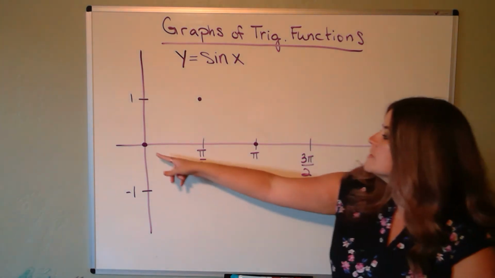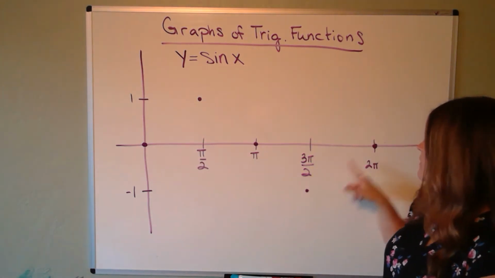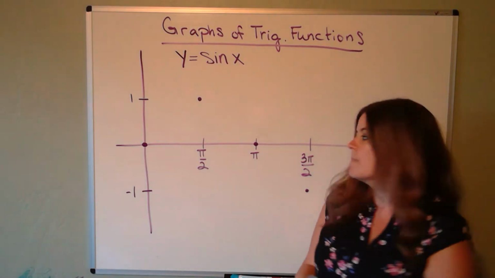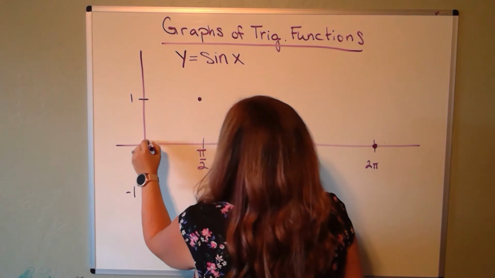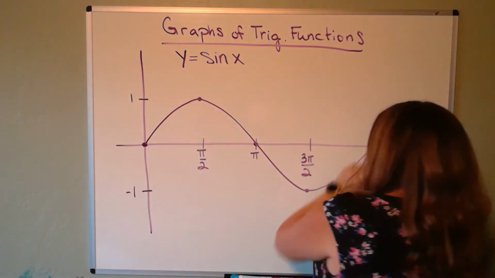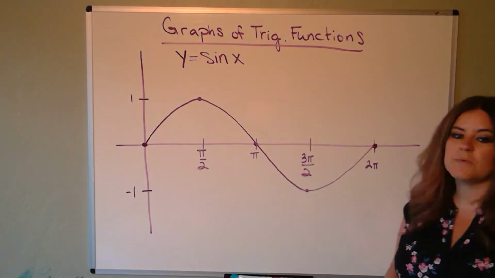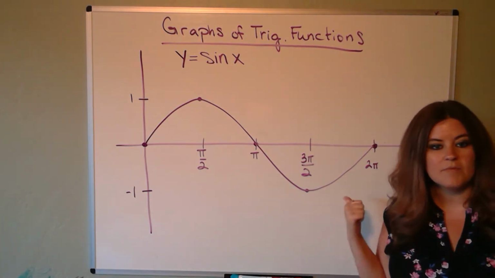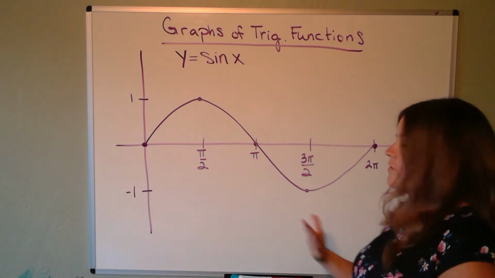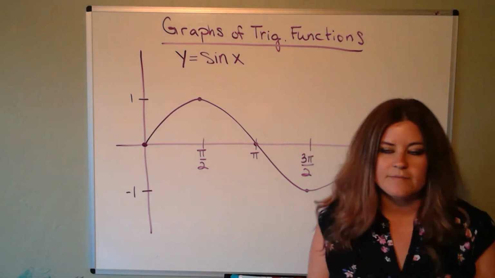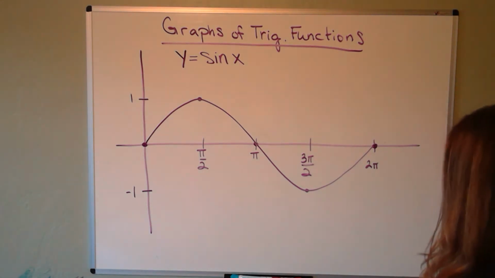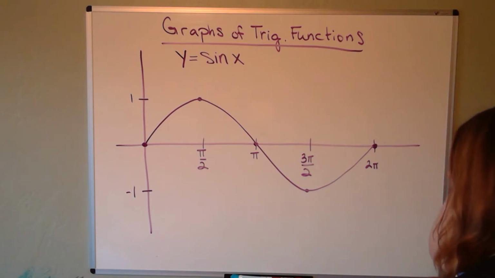So when you see these points here, think about connecting them with a smooth wave. And you guys, this is what you get, and this is the shape of the sine function. So it is a wave. I'm sure you've heard the term sine waves before, and this is why, because sine is a wave. So you guys, this is y equals sine x.